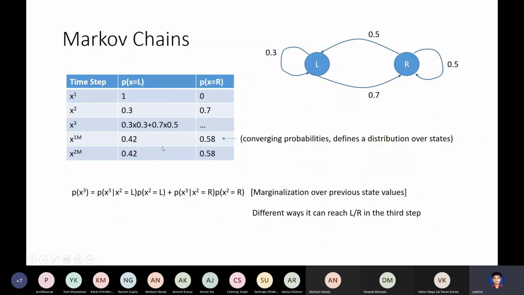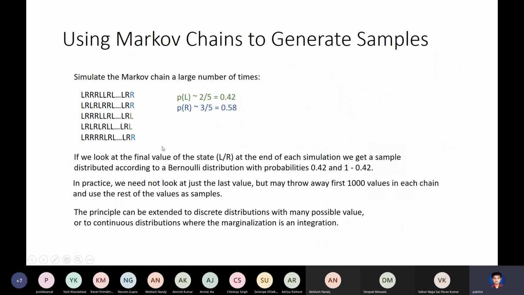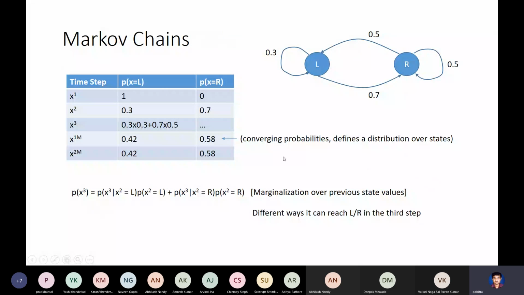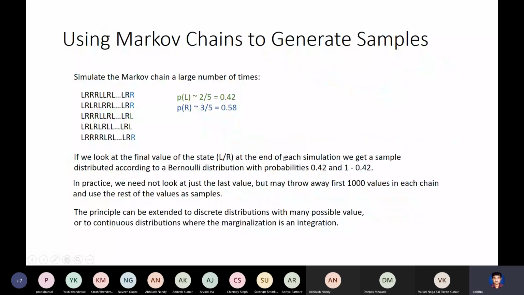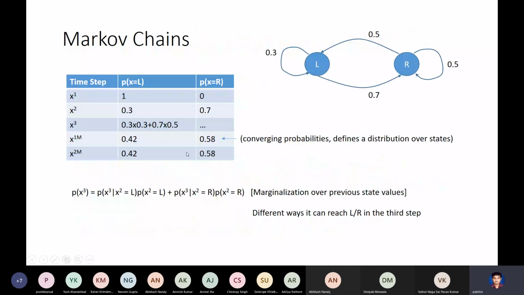So now we want to use this kind of simulation, this kind of dynamics, for generating samples. As I have said, after a large number of steps, this converges to a distribution of probability over the states.